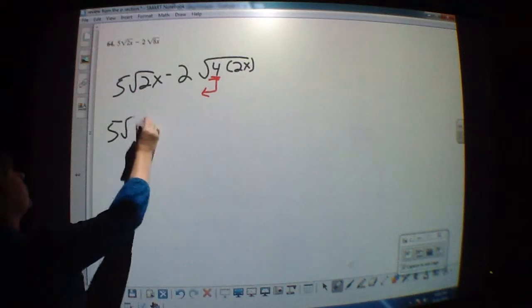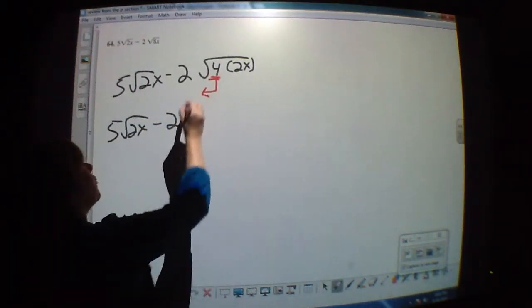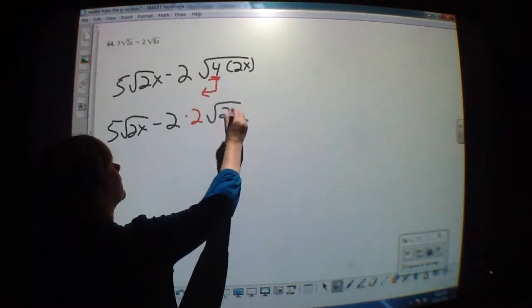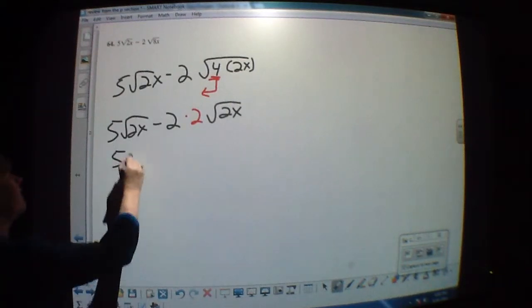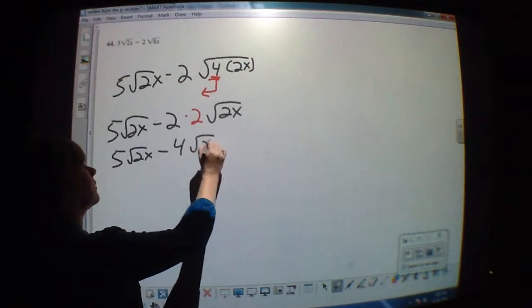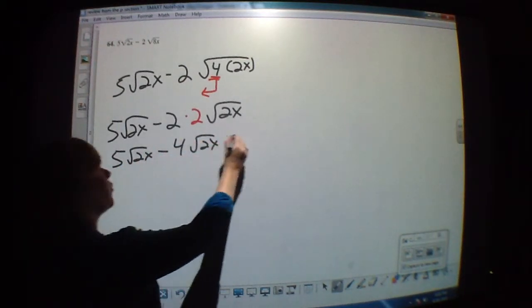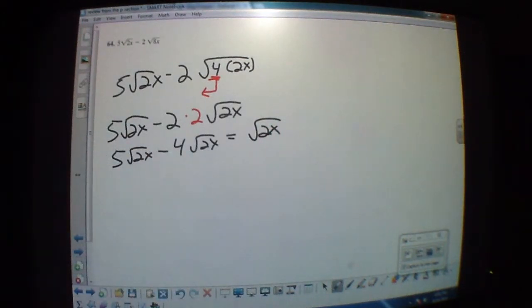So I have 5 radical 2x minus 2, the 4 I'm bringing out as a 2, radical 2x. So I have 5 radical 2x minus 2 times 2 is 4 radical 2x. I have 5 of these minus 4 of these, leaves 1 of those. So I have 1 radical 2x left, and that's all. There's my answer.